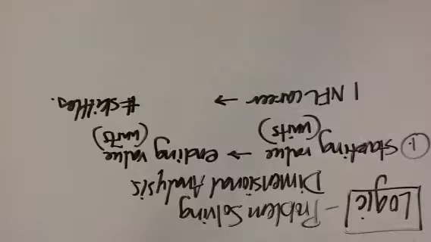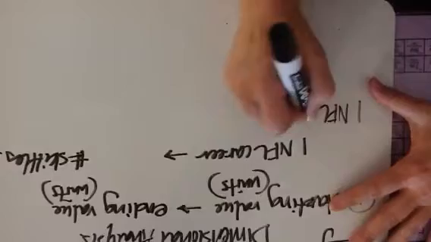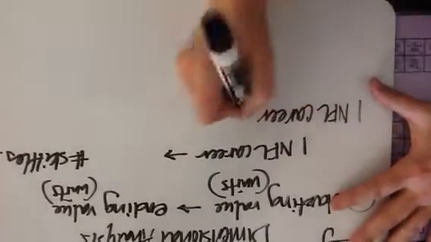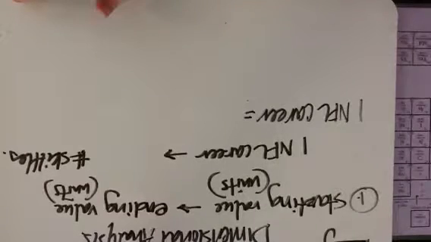So before I can start, I have to make some statements that I know to be true. So I'm going to ask for your guys' help to help me do this. So the first thing I need to know is I need to get from a career, 1 NFL career, to something smaller. Corbin, help me out here. I need to go from a career to the next thing smaller.